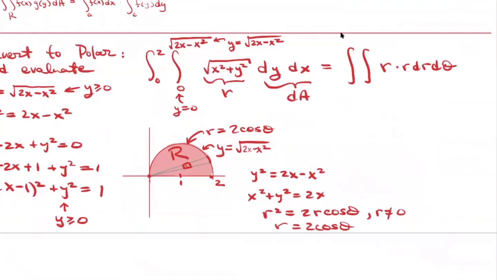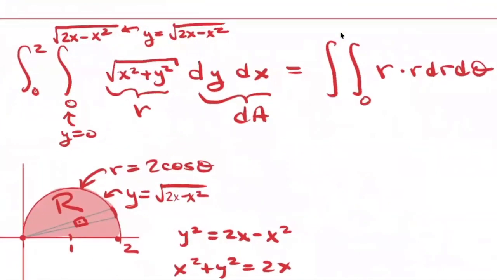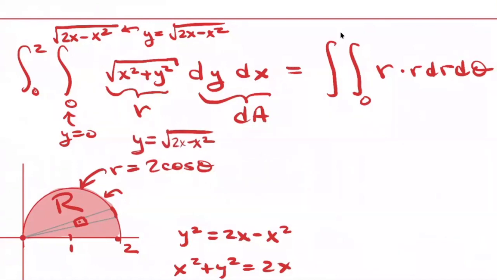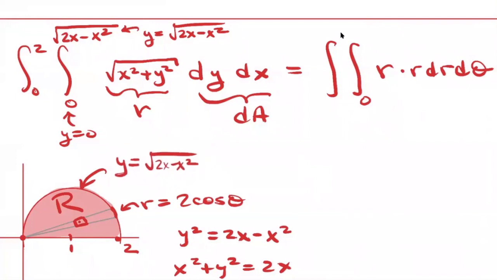So let's start it where r is 0. And then the outer limit is the curve, r equals 2 cos theta. I'm going to move these around just to make it a little more appropriate to the diagram. So r goes from 0 to 2 cos theta. And of course, our theta angle will have to go from 0 to pi.